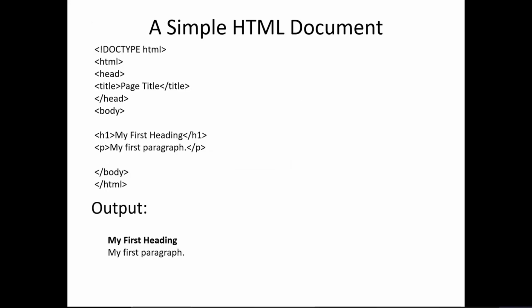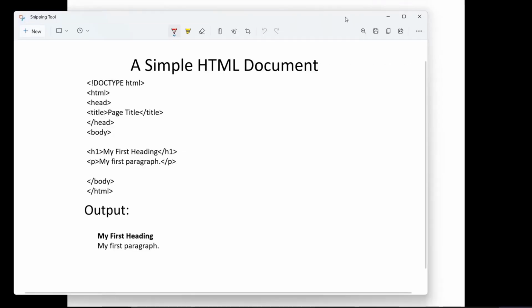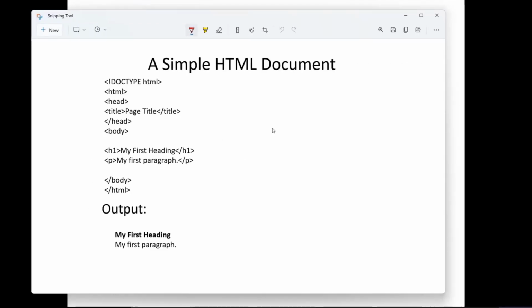So, a simple HTML document. This is how a simple HTML document looks. What does this document represent? Doctype HTML, so exclamation Doctype HTML. This signifies that this document is an HTML document.